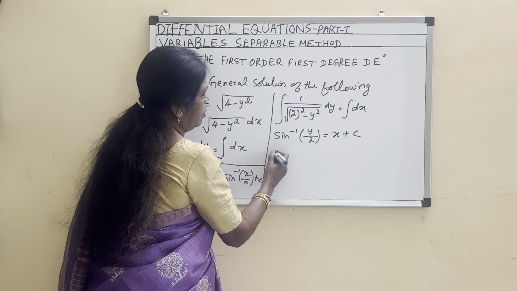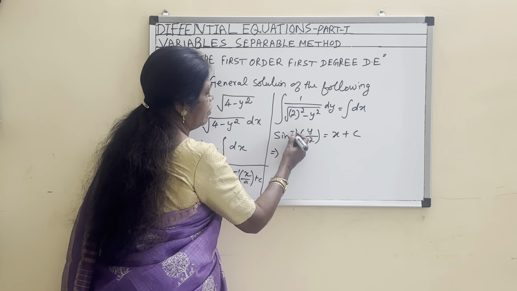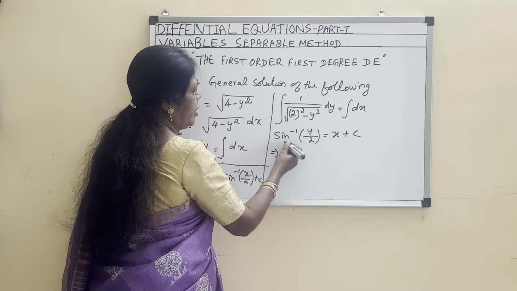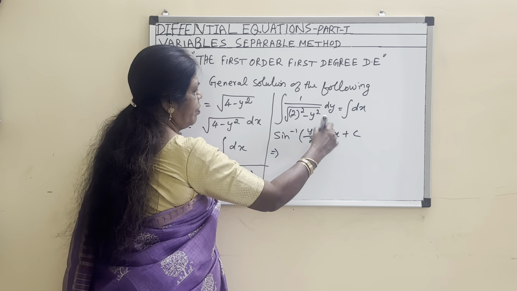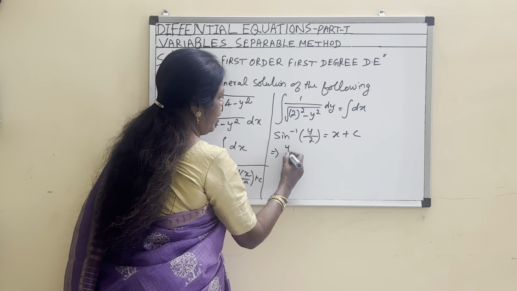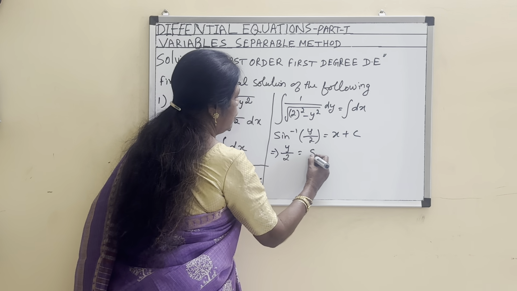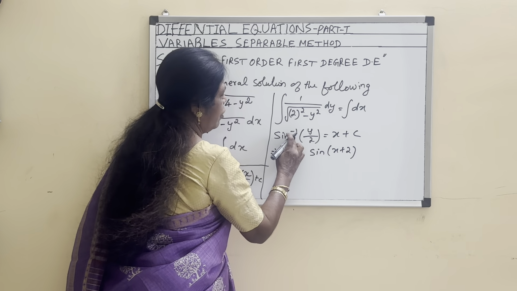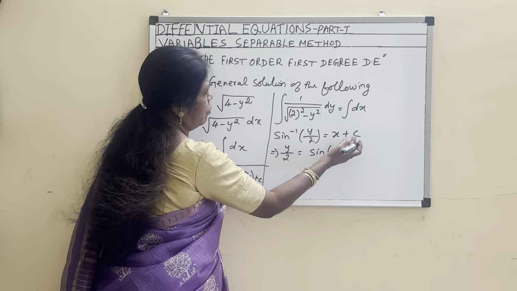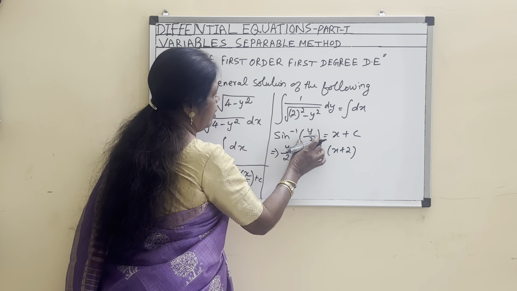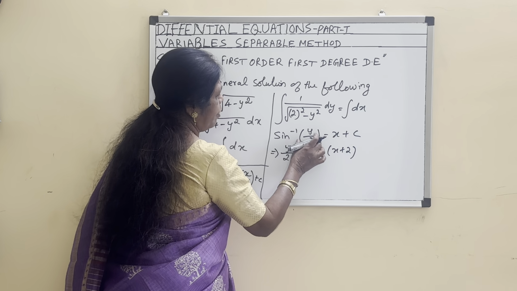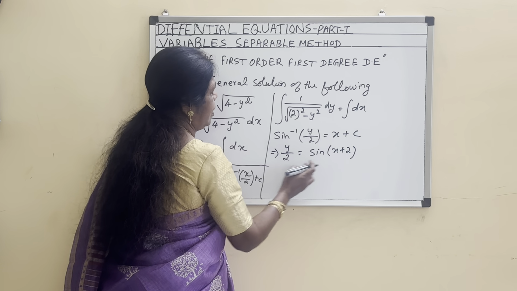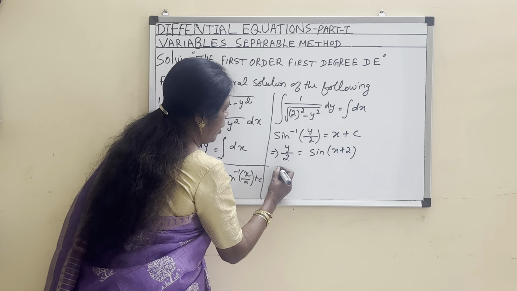If you want to simplify further, you can take sine inverse to that side. If sine inverse goes that side, it will become sine. So y by 2 equal to sine of x plus c. Sine inverse becomes sine when it goes to the other side.